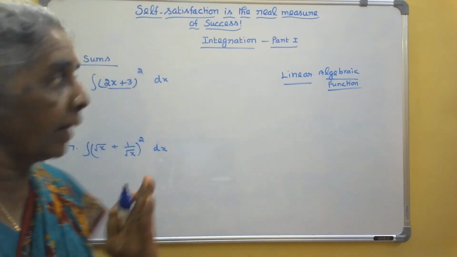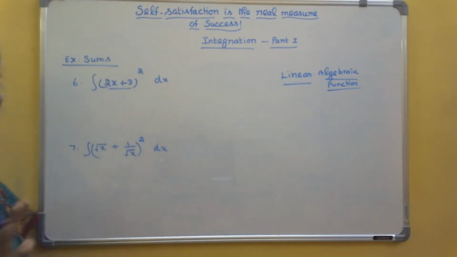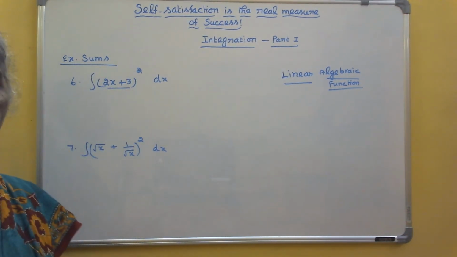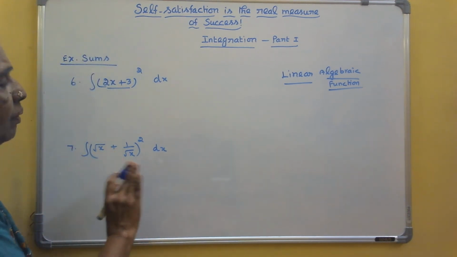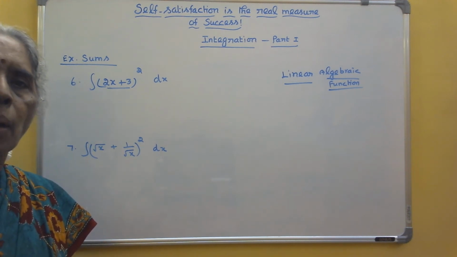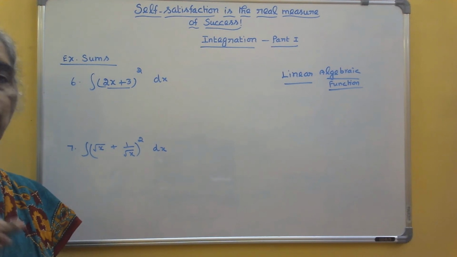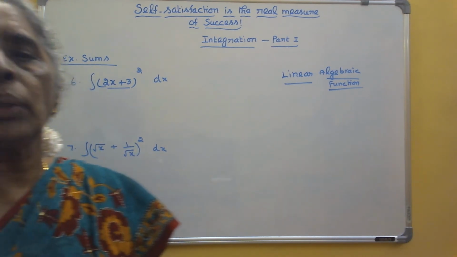Now, integral of (2x plus 3) the whole squared. Since I have a linear function here, linear meaning an x term and a constant term, I can use the formula x power n plus 1 by n plus 1, and for this coefficient I have to divide.